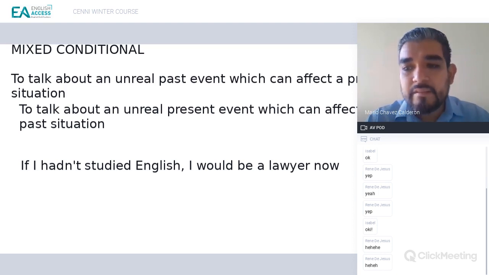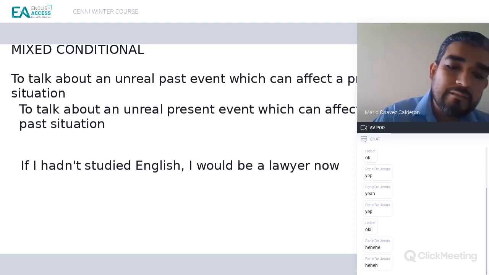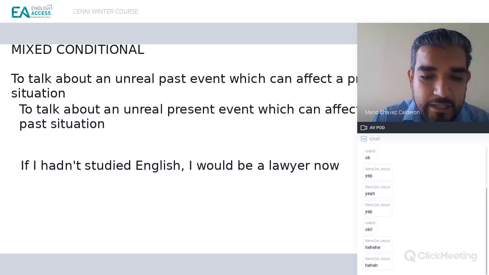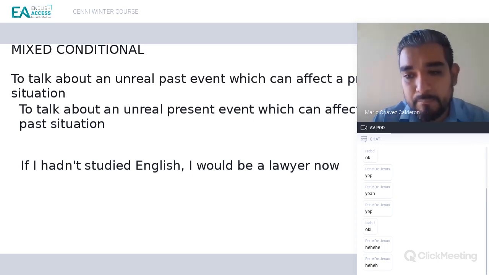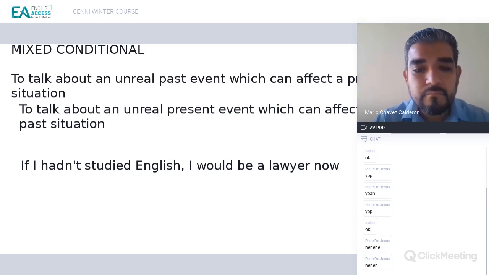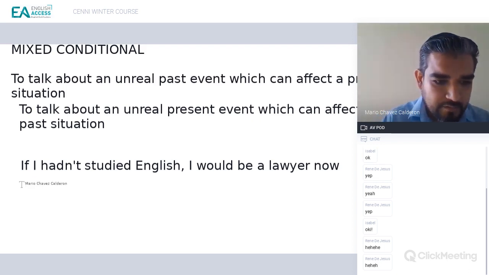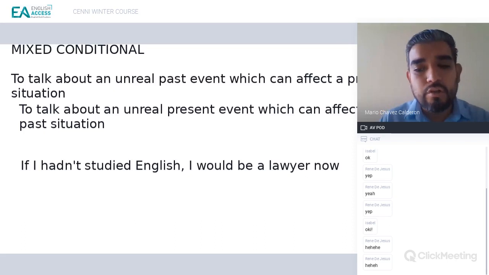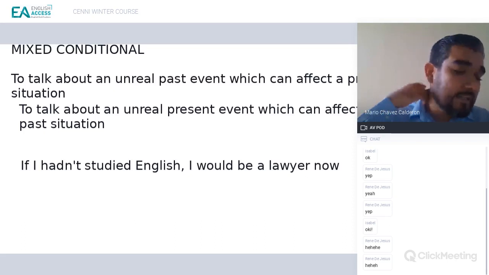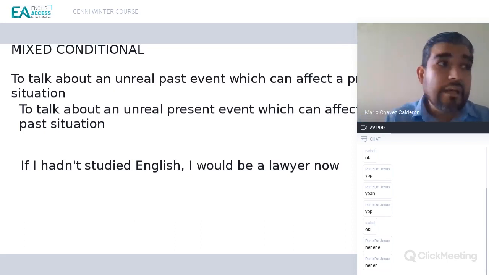That is telling me that if the event of studying English hadn't happened, it would affect my present. This is mixed conditional. And I can also make it vice versa: something real in the past and unreal in the present.